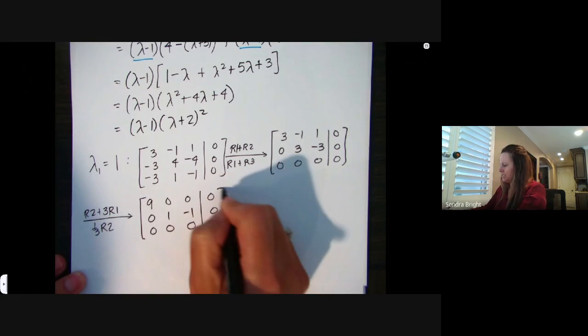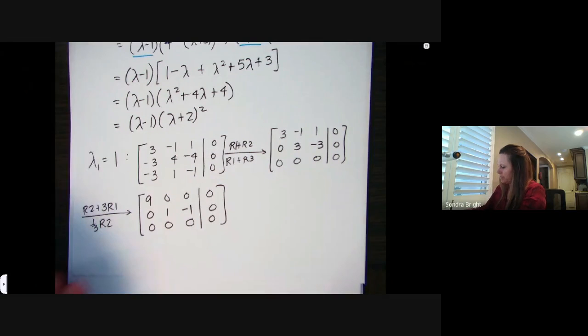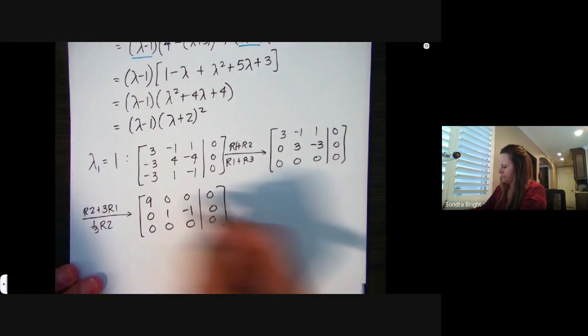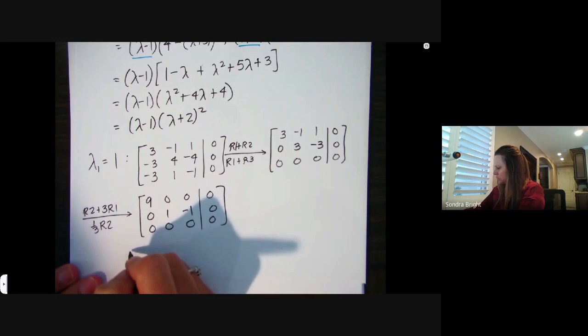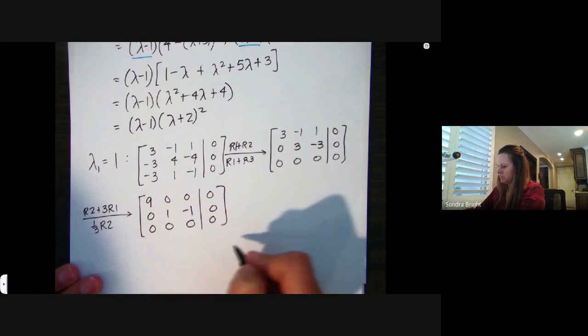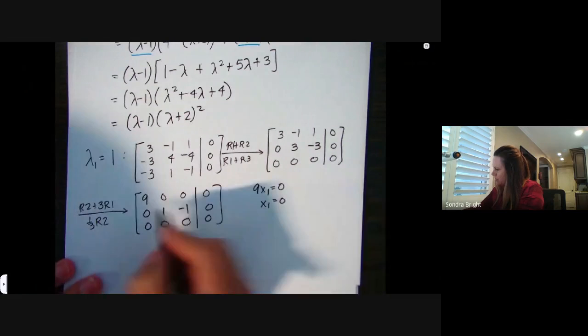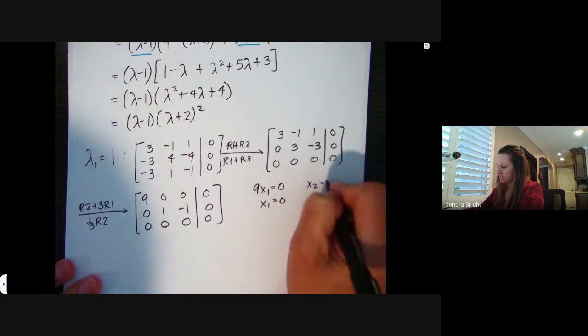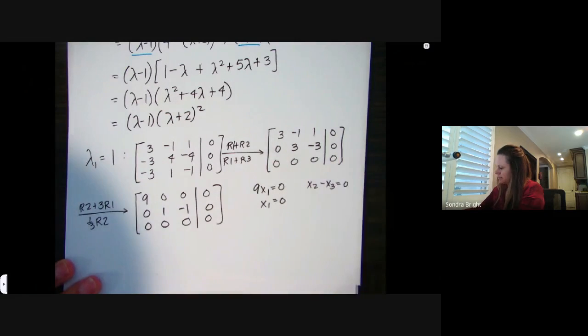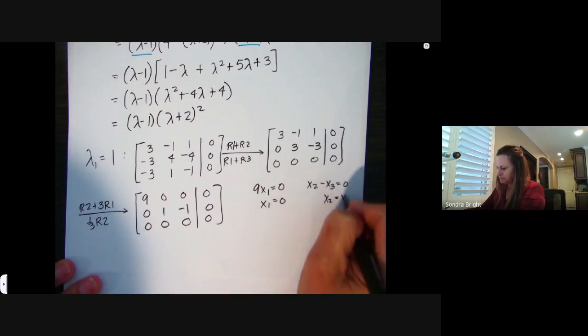Okay, so what does that give me? Well, first row is, I'll come over here. 9x1 is equal to 0. So x1 is 0. And then row 2 says x2 minus x3 is equal to 0, which means x2 is equal to x3.